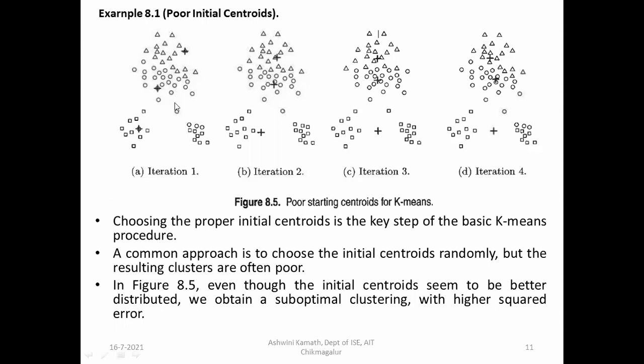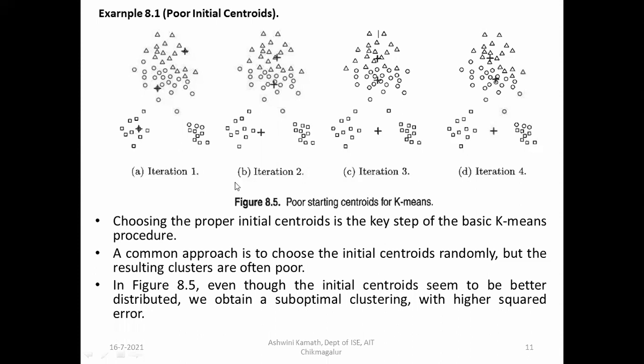Within the circle shaped data we have chosen one centroid, within the triangular shaped data one centroid, and for the square shaped data also one centroid. By looking at this, we think it is better distributed, right? But when we obtain the clusters, they will be suboptimal or poor.